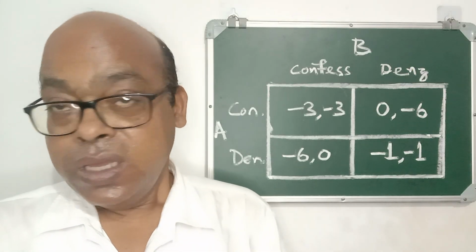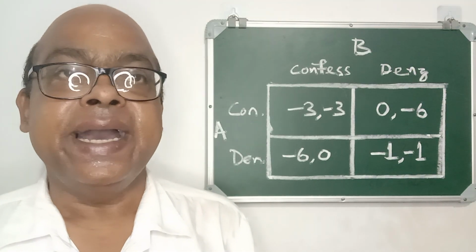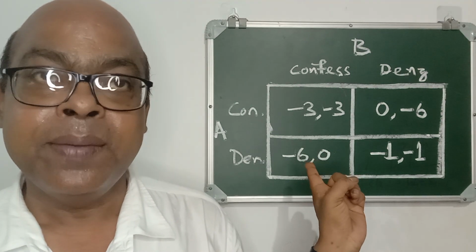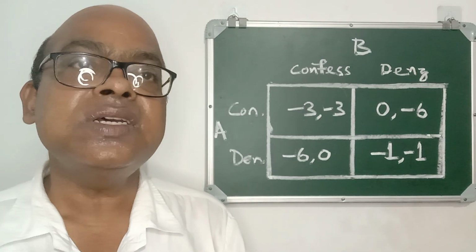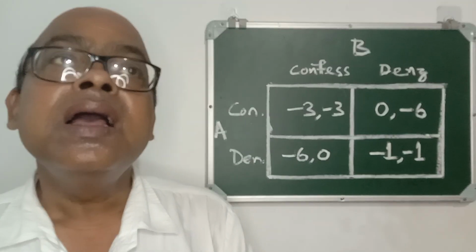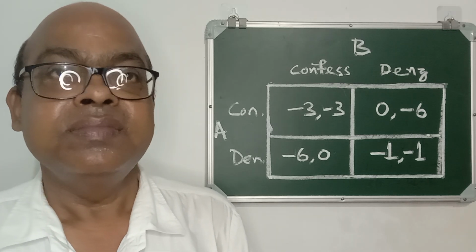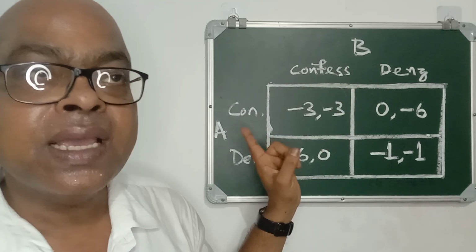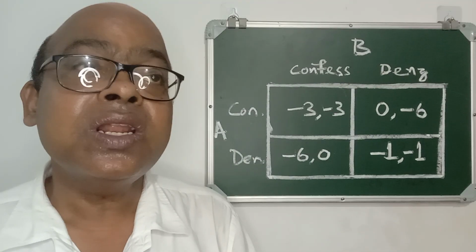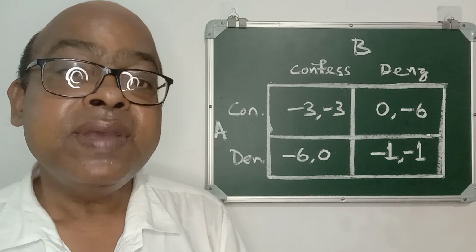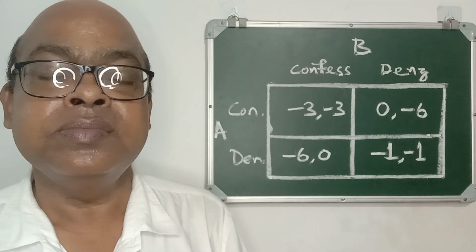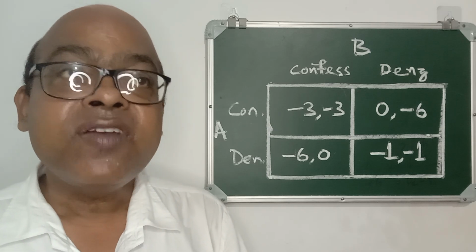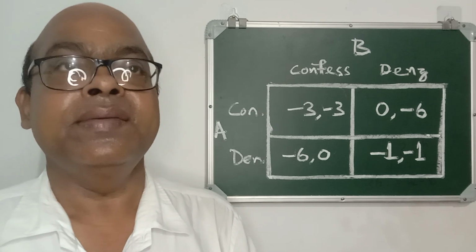Next, the important point is whether this prisoner's dilemma game will be one shot or with repetition. Means, in the prisoner's dilemma case, prisoners are not allowed to be interrogated, or the authorities may not give them a chance to confess or deny more than one time.